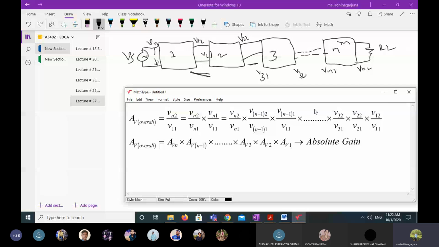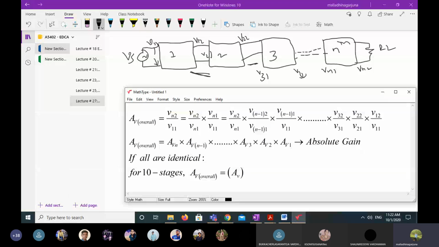If all are identical, for 10 stages, AV overall is equal to AV to the power 10.